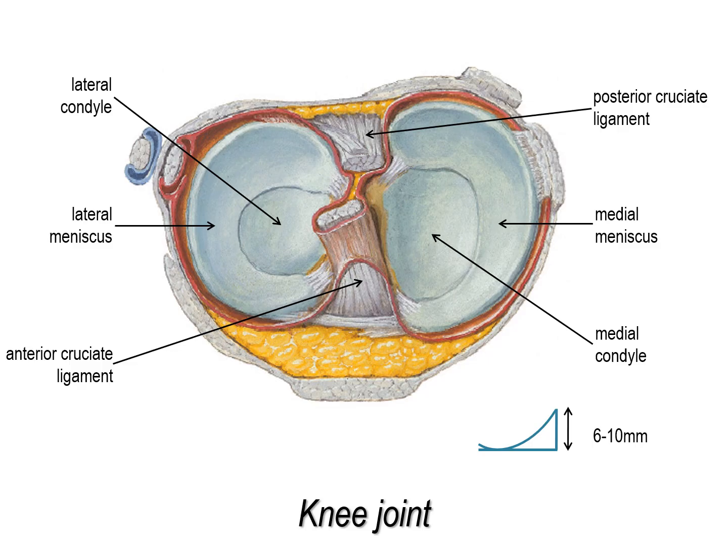Here you can see the superior concave surface of the meniscus for the femur. Each meniscus has two ends, anterior and posterior. They are attached to the tibia, to the intercondylar areas, anterior and posterior.